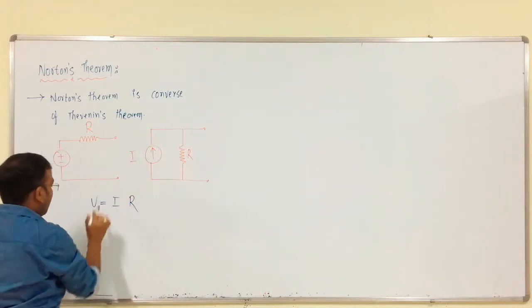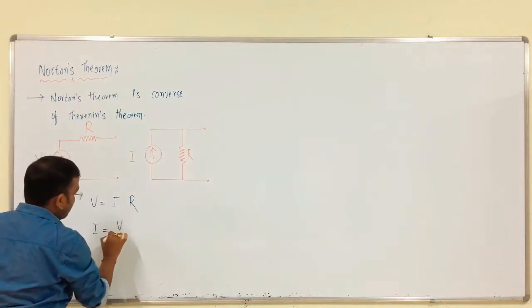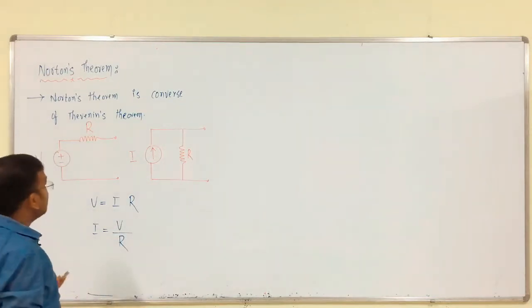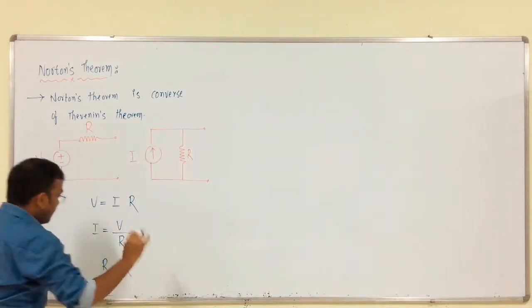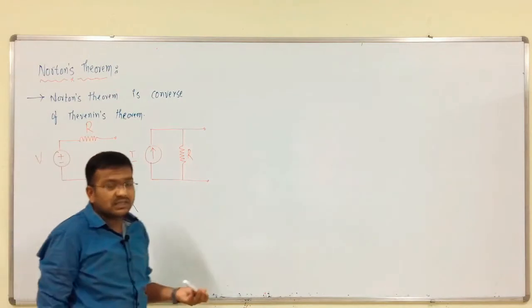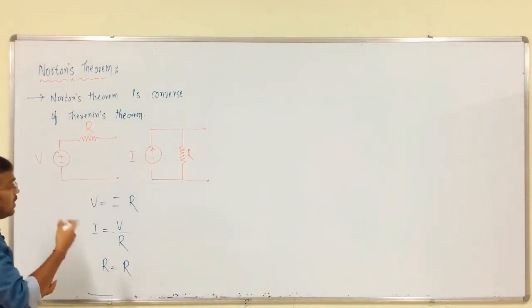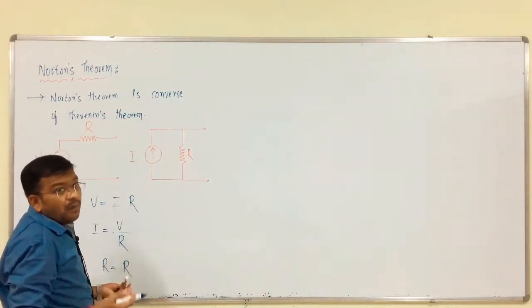Like that, to get the value of current, we have to divide this voltage with R, right. There is no change in the value of resistance, means they are mutually transferable. The same concept can be applicable here.